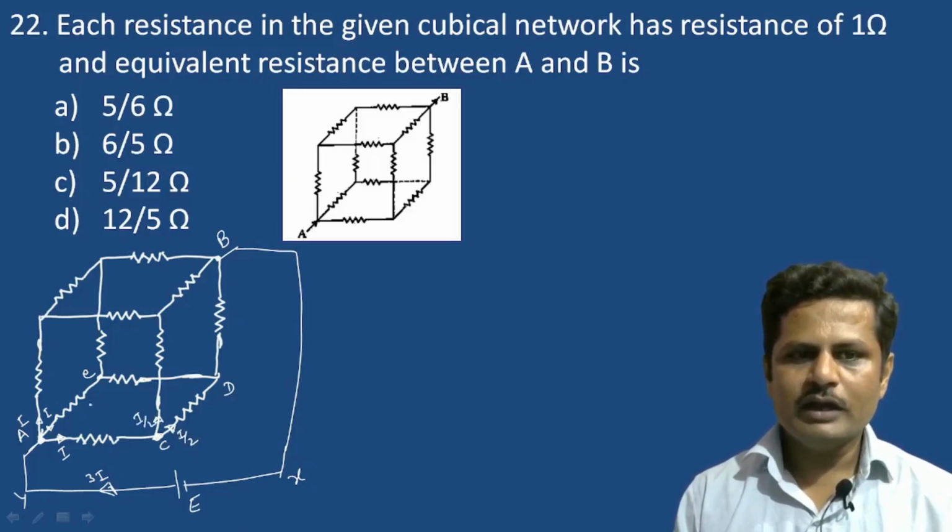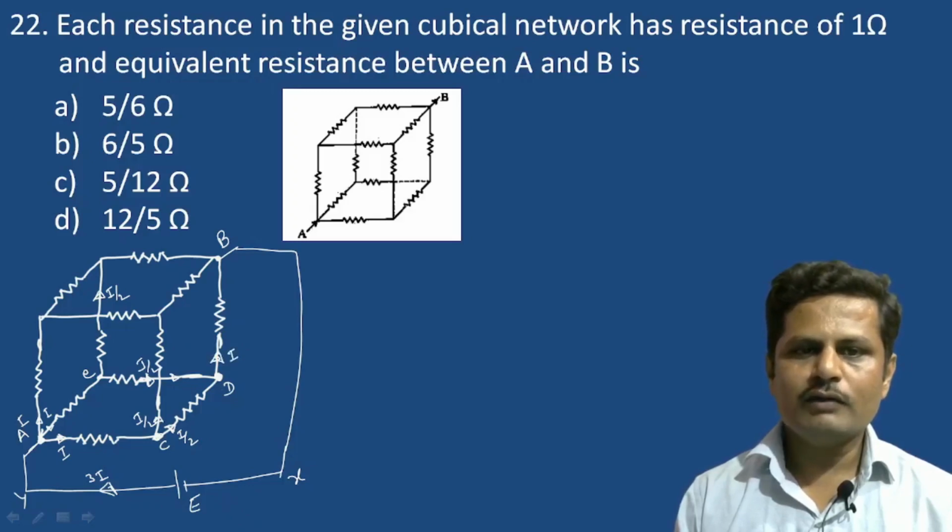In the same way, from A to E, the current I will move and then it divides into I by 2 and I by 2 at the junction E. Now you can see that to the point D, the current I by 2 is coming from C as well as I by 2 from E. So therefore, the total I current will flow towards D. In the same way, from this I and from this I, totally the 3I will reach the point P.